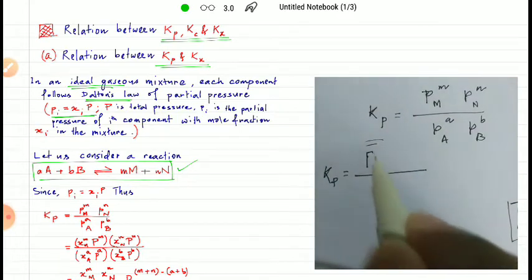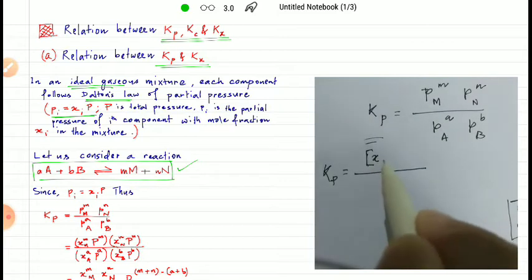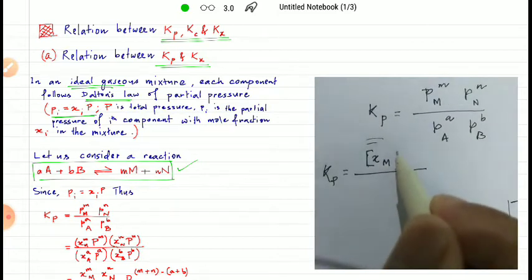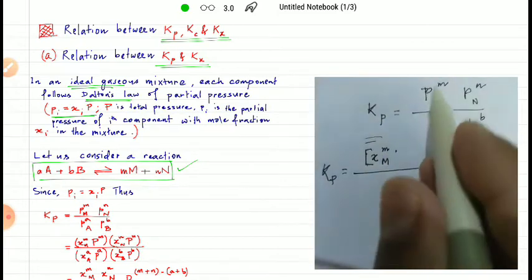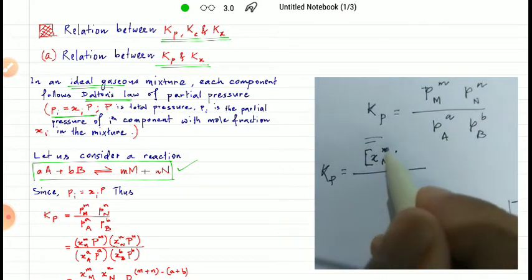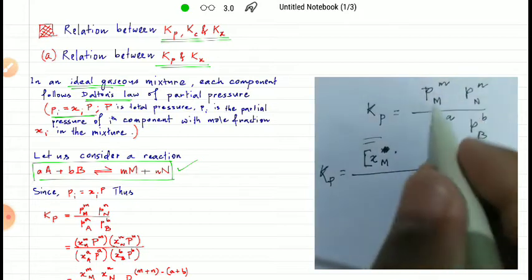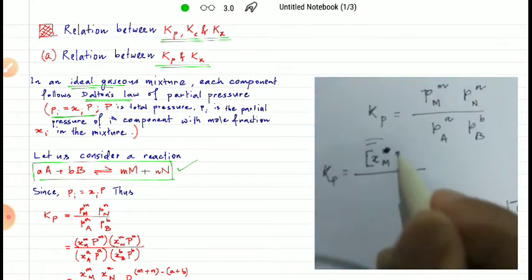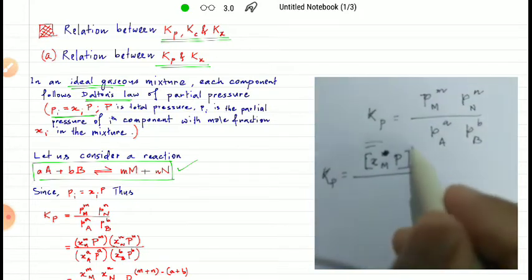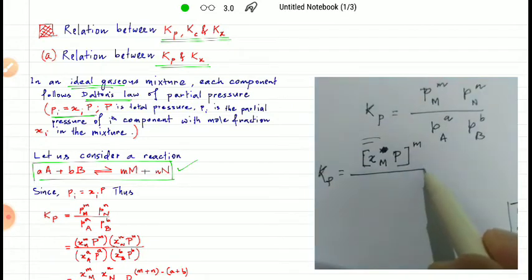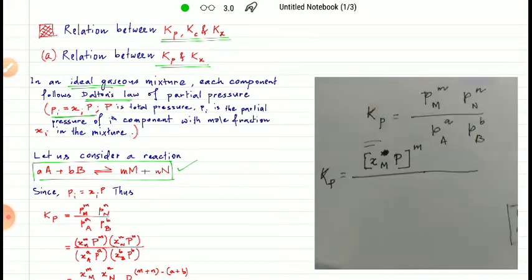pM is equal to xM to the power m, because this is to the power m, no? So we can write it like this, xM, because pM is equal to xM into capital P, the whole to the power m. Hope you understand this point.